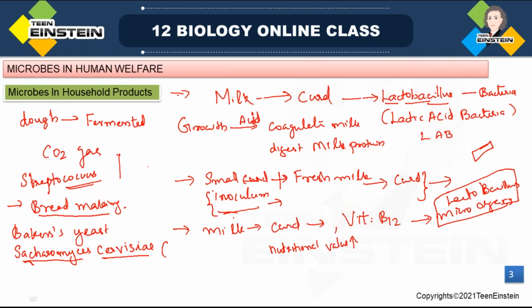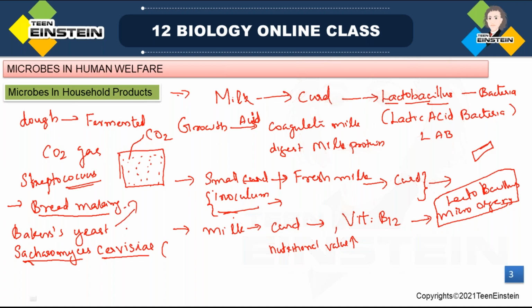So you can see this is a bread piece. You can see a porous appearance, right? So through these pores the carbon dioxide gas is going out, along with ethyl alcohol, because it is getting fermented with the help of Saccharomyces cerevisiae or baker's yeast. We are adding it to the dough. So the fermentation process is going on.